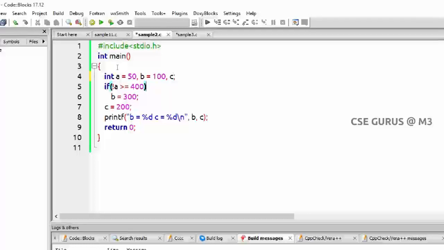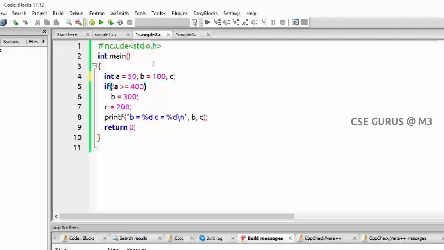But this is not correct. First thing you have to check, not a, first priority will be given to not of a. So 50, not of 50, not of non-zero is 0, right? So this entire will become 0. Any not of any non-zero will become 0. 0 is greater than or equals 400, false. So that's why this one statement will not be executed. Anyway, this statement is inside the if condition, right?